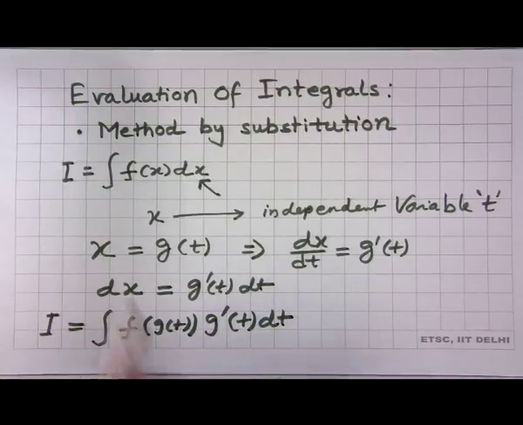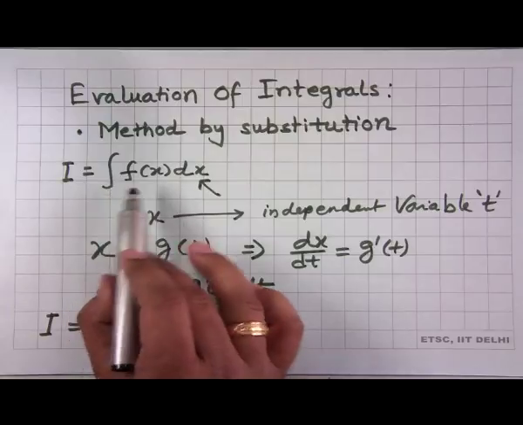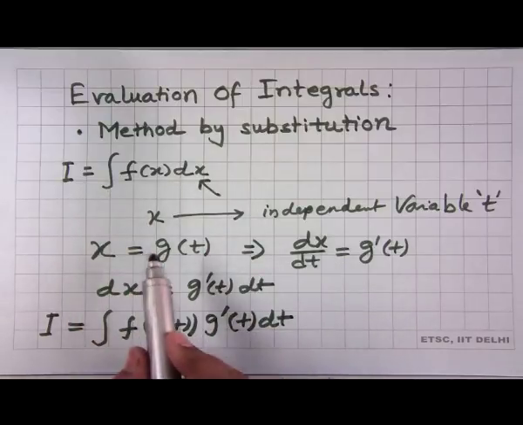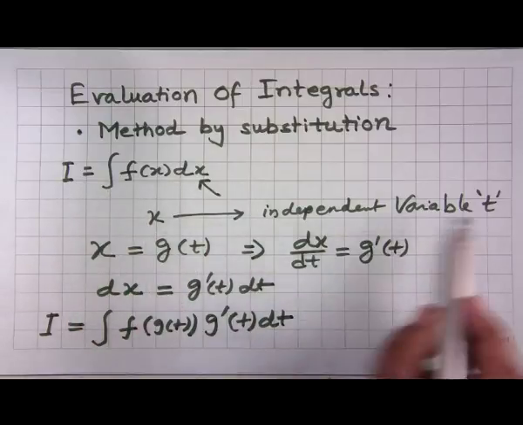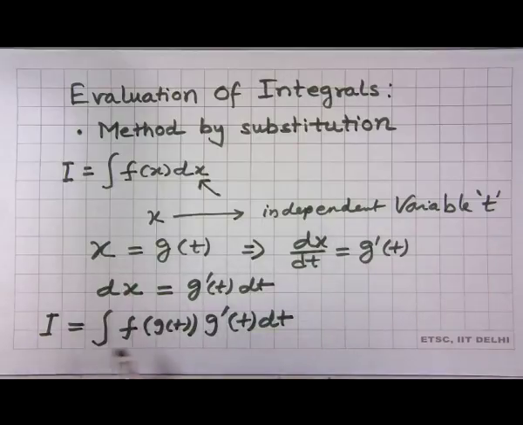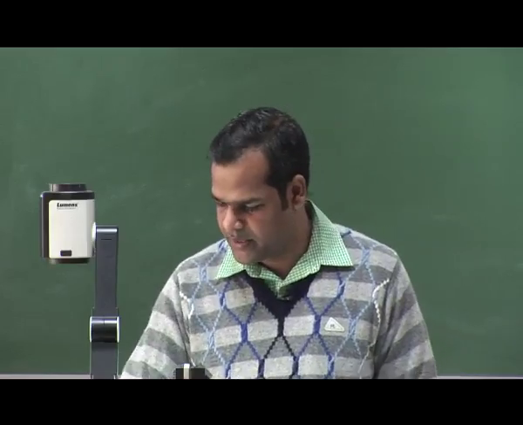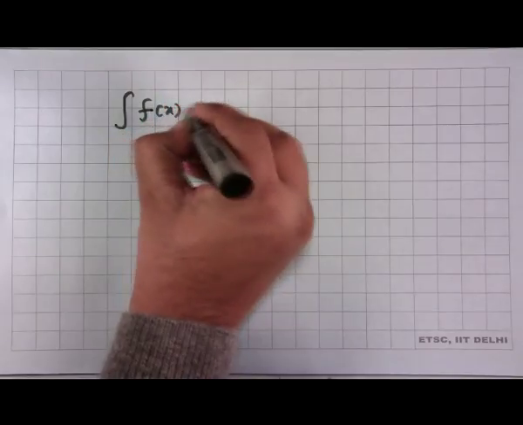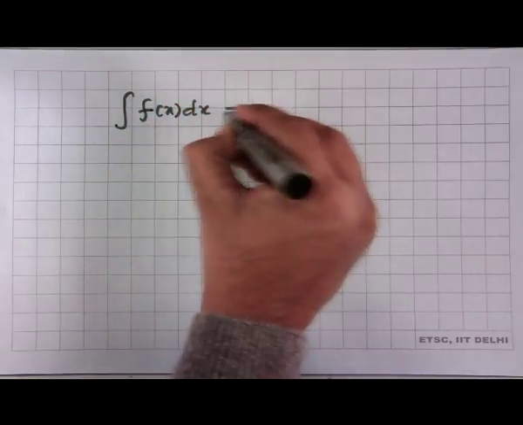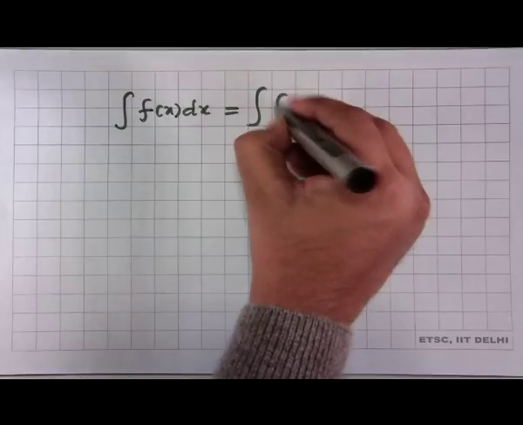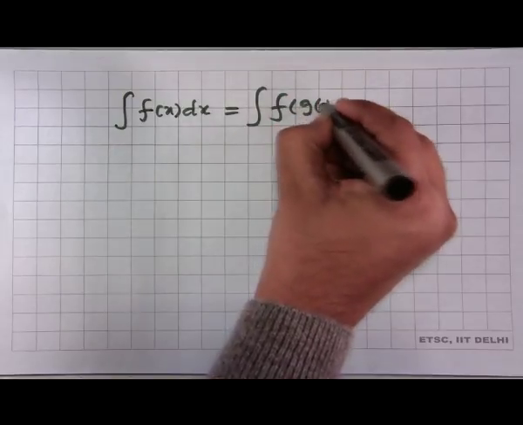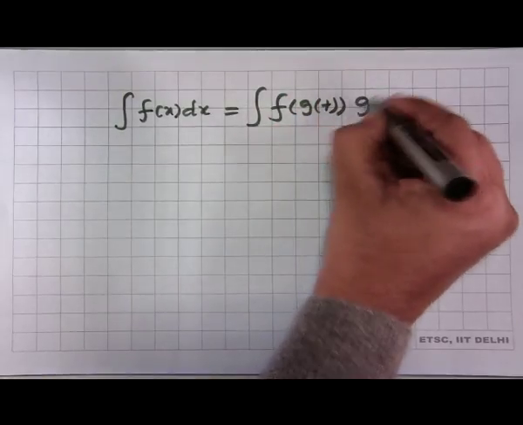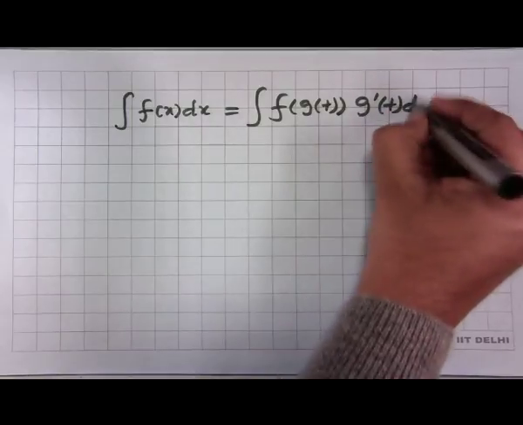So, the formula for integral f x dx, if I make the change of independent variable from x to t, converts into another formula. I will rewrite here: integral of f x dx can be written as integral of f of g t times g prime t dt.